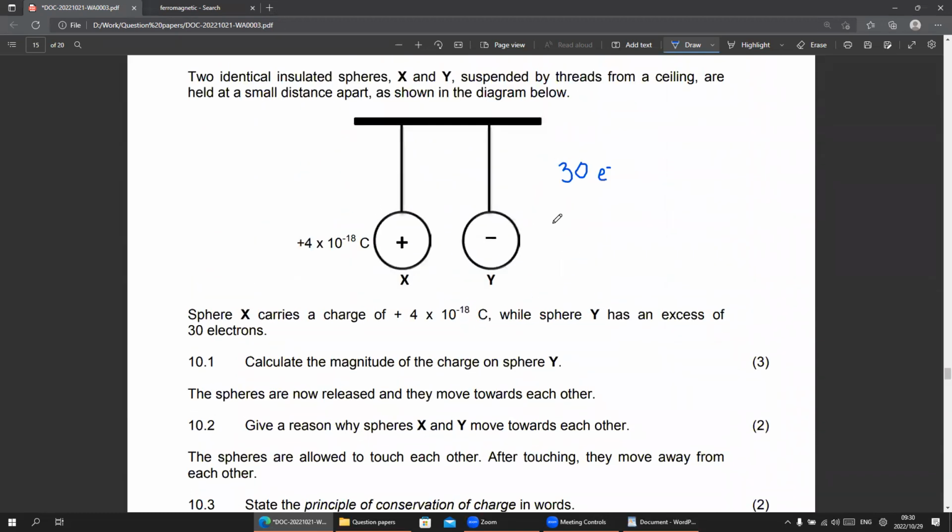You're gonna take your 30 electrons and multiply that by the charge, 1.6 times 10 to the exponent negative 19. Then you're gonna get your charge Y. Let me just look for my calculator real quick.